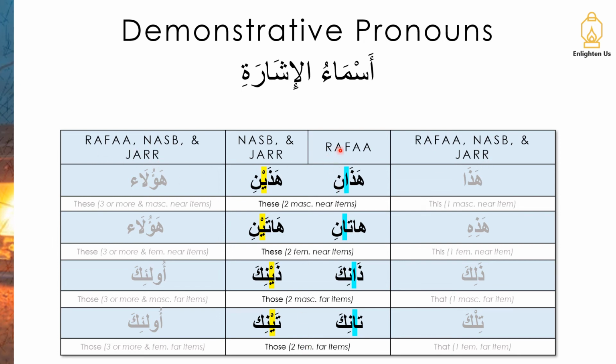For the jul, however, the examples that we've seen have been for the rafa. If the ism al-ishara happens to be in nasab or jar, it changes. So hadani becomes hadaini, hatani becomes hataini, danika becomes dainika, tanika becomes tainika. It's just something worth noting, and it's something we'll go into and I'll point out when we look at more examples and as we advance through.